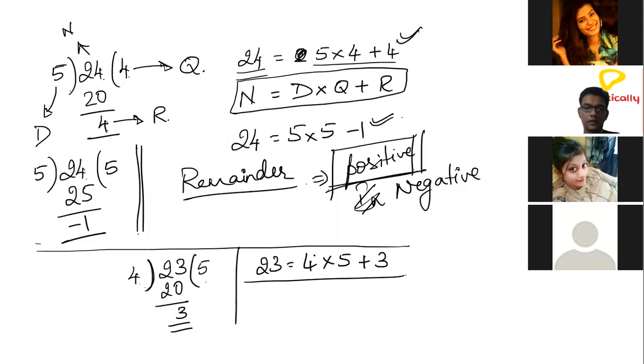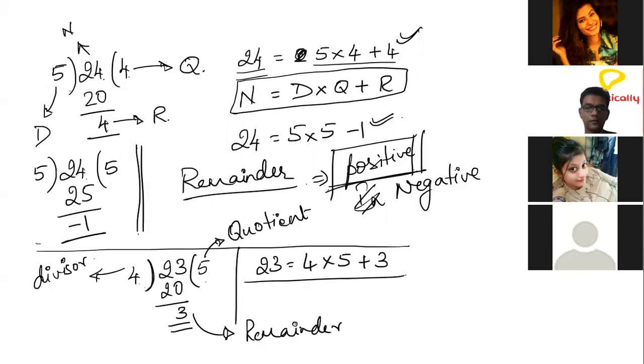Now if you see, what is 4? 4 is your divisor, the value that you're dividing by. What is 5? 5 is your quotient. And what is 3? 3 is your remainder. So you can always write a number as divisor into quotient plus the remainder.